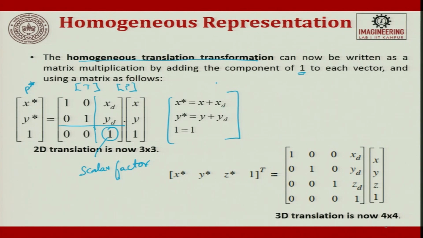So, you get this. When you use a 3 cross 3 matrix, this is 2D. When you write it in 3D, you will have a 4 cross 4 matrix multiplied with the points x, y and z, and then you get the output.